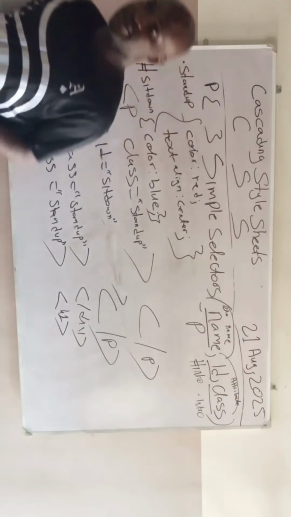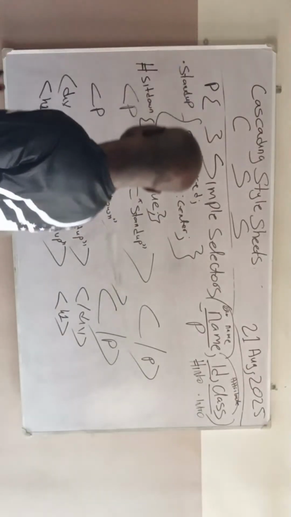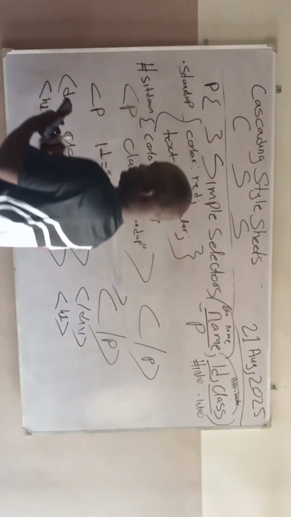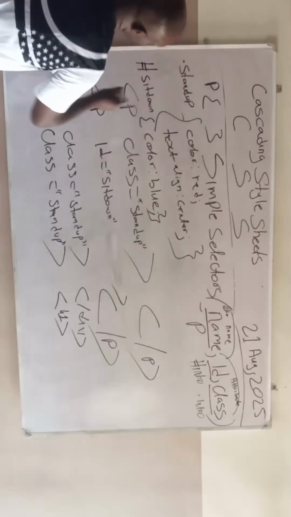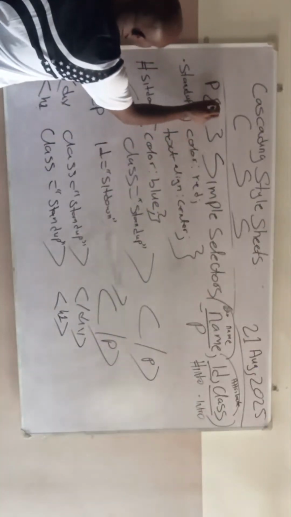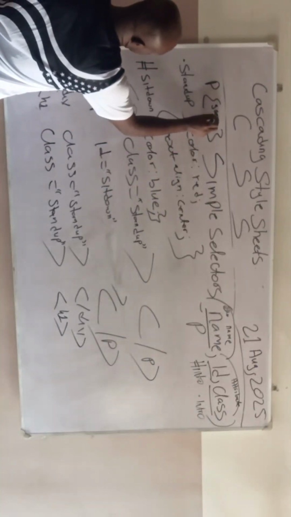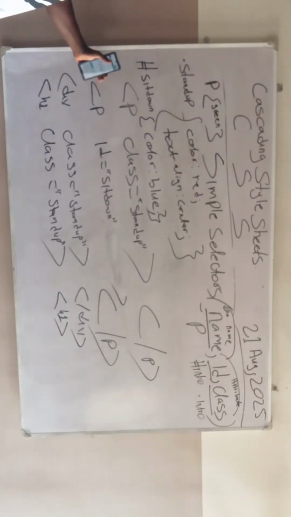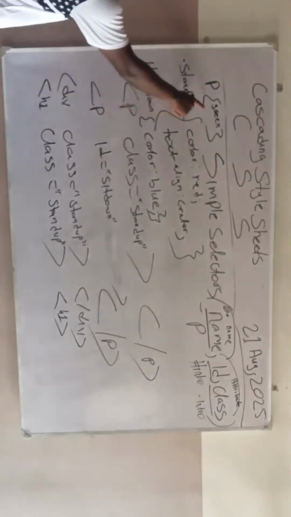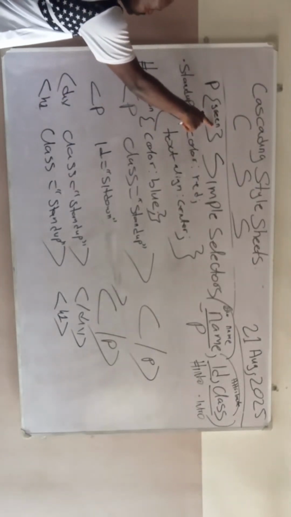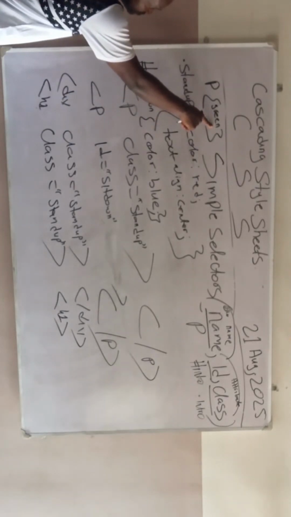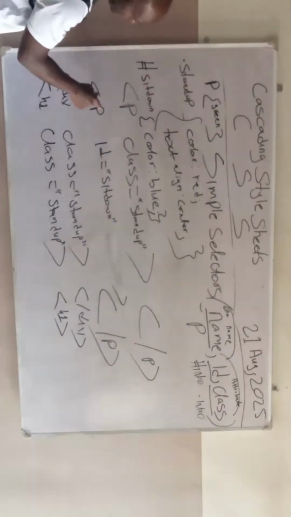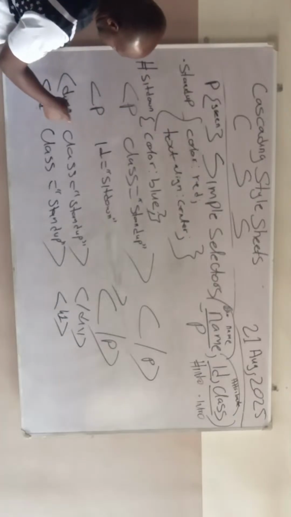Now let me ask you, since you said no question. If my color here is green, how many things do I have? I have 1, 2, right? And my color here is green as P. And here I have a class.